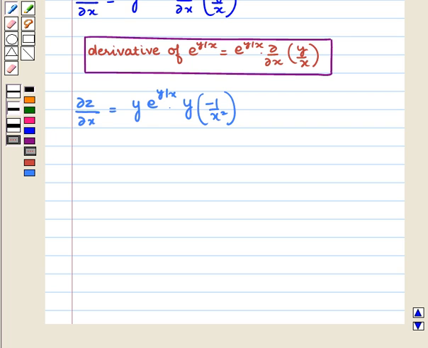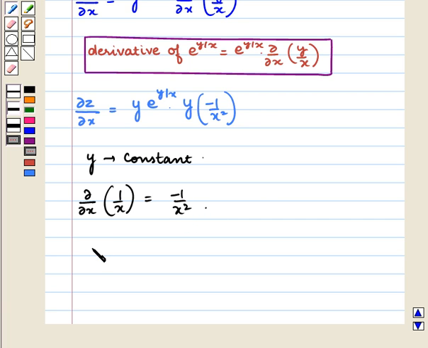Now, as partial derivative of e raised to power y by x is equal to e raised to power y by x into the partial derivative of y by x, here y is a constant and partial derivative of 1 by x is equal to minus 1 by x square.